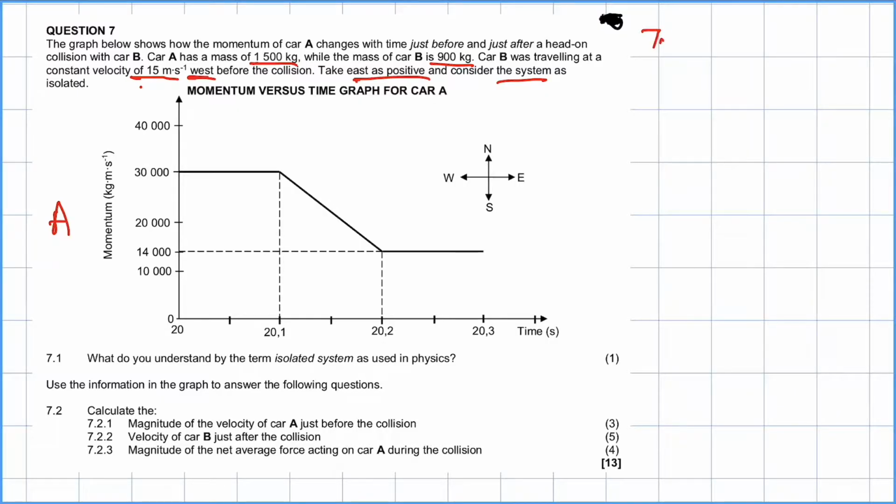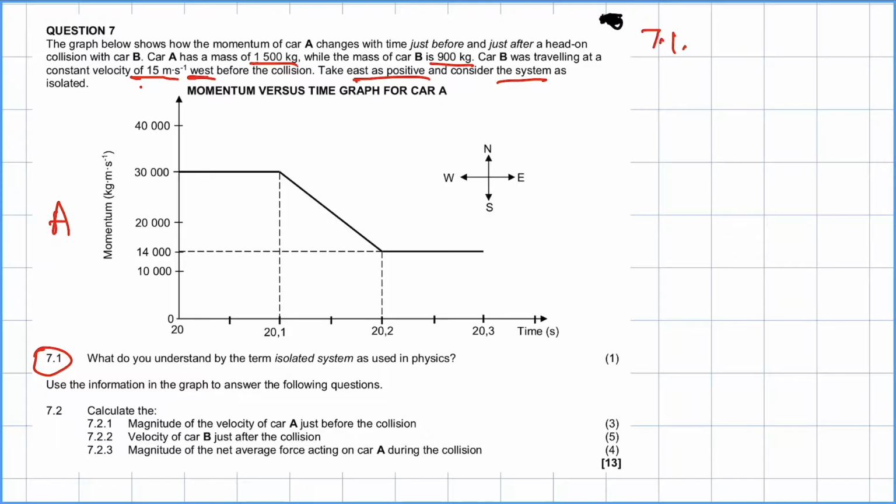Question 7.1: What do you understand by the term isolated system in physics? An isolated system is a system on which the net external force is 0.